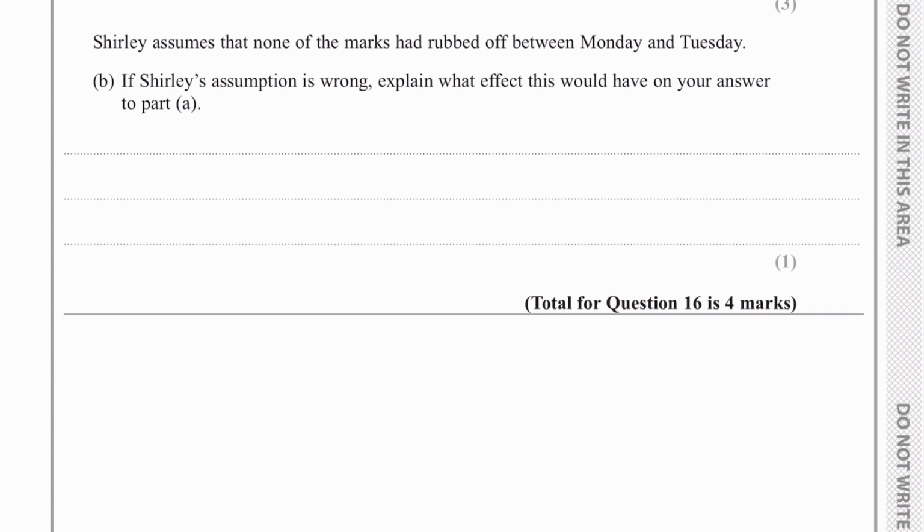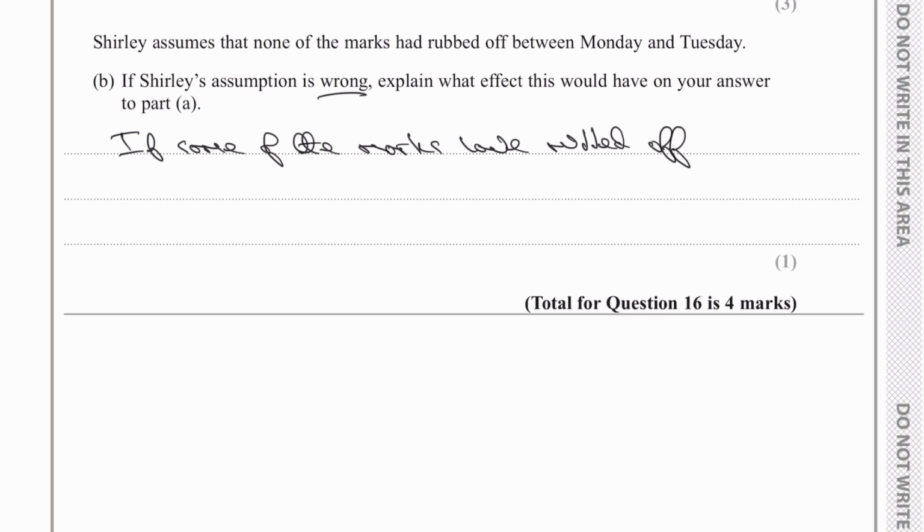Okay, and then part B of the question: Shirley assumes that none of the marks have rubbed off between Monday and Tuesday. If Shirley's assumption is wrong, in other words, some of the marks have rubbed off, then what effect will that have? Well, if some of the marks have rubbed off, I apologise for my dreadful writing, the answer would be too high.